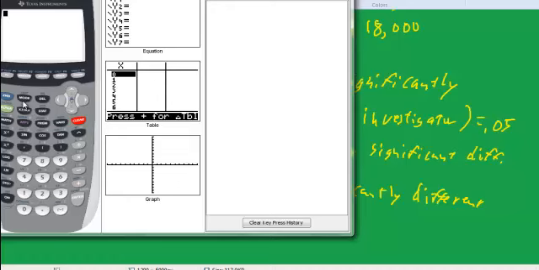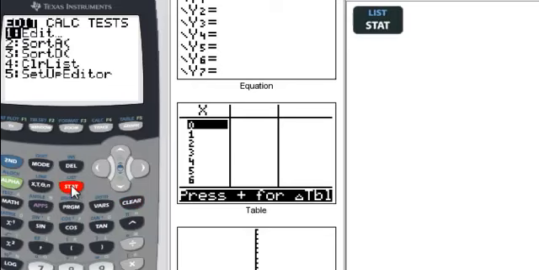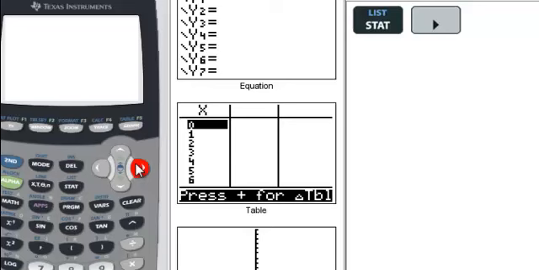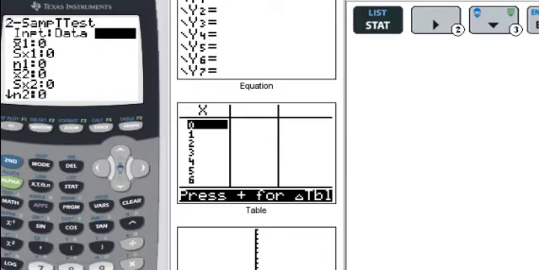So we want to do stat, and then we want to go over to tests, and then we'll go down to two-sample t-test. And then we have a bunch of inputs. We'll input stats.